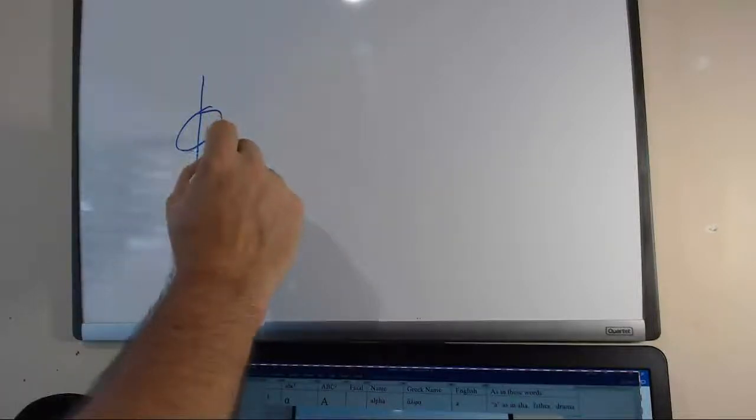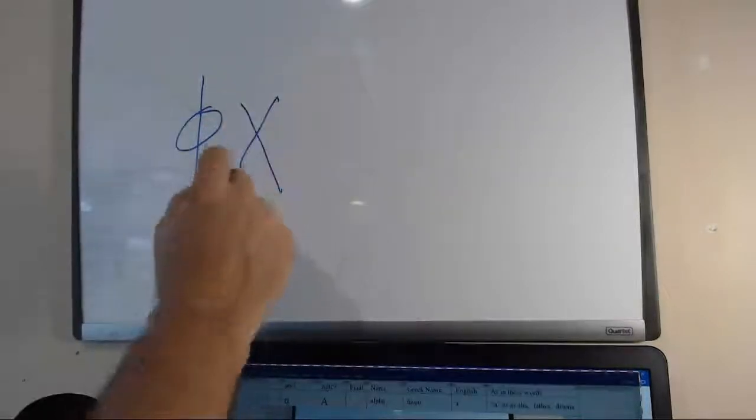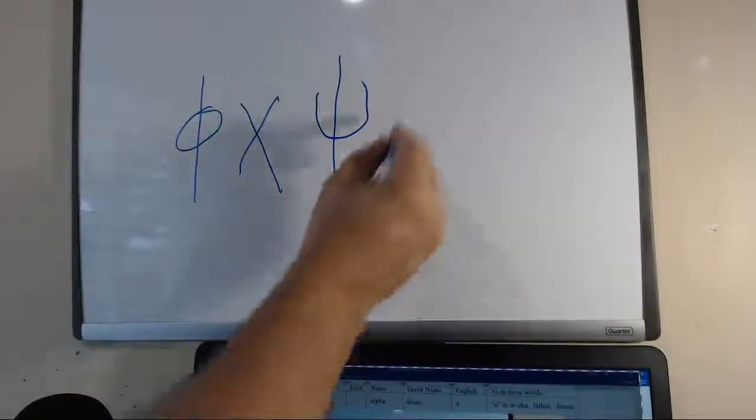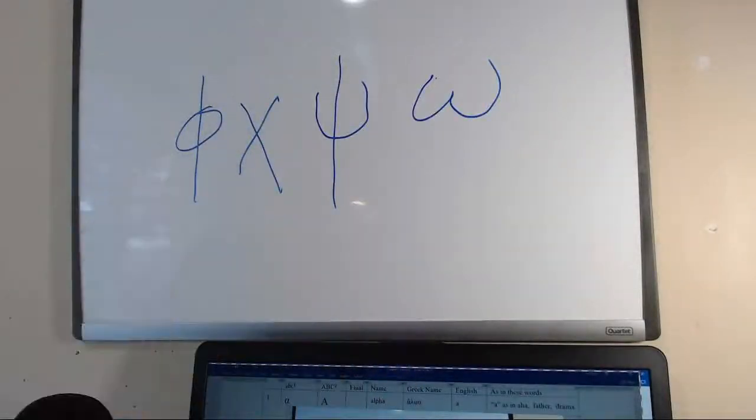Phi, chi, psi, omega. So that's straightforward, except the omega is a little strange, but the rest you're probably familiar with from fraternities and sororities.